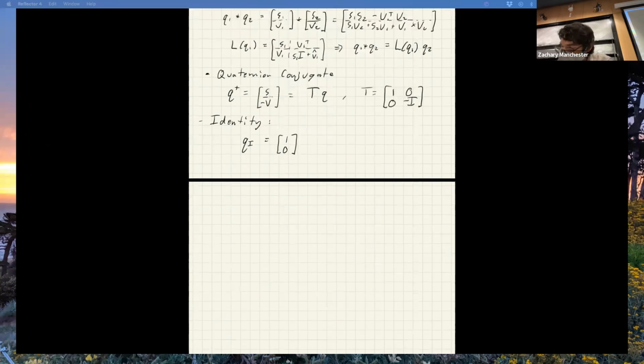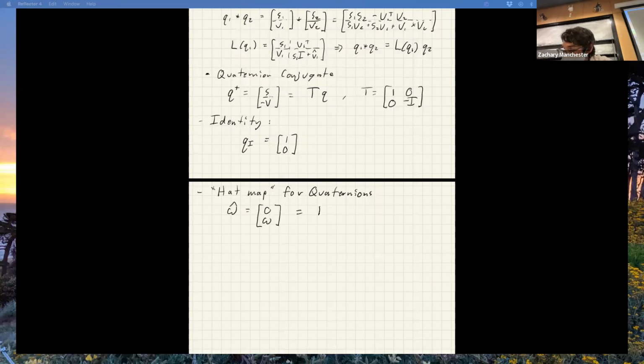And then we have this other thing that we are going to call the hat map for quaternions, because it does the same thing algebraically as the cross product matrix, the skew symmetric matrix that we talked about before. I don't know of another good name for this, so that's what we're going with. We can write it like this, where it's a 0 scalar part and then just a pure vector.